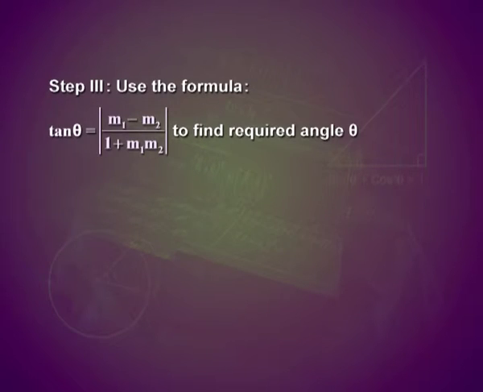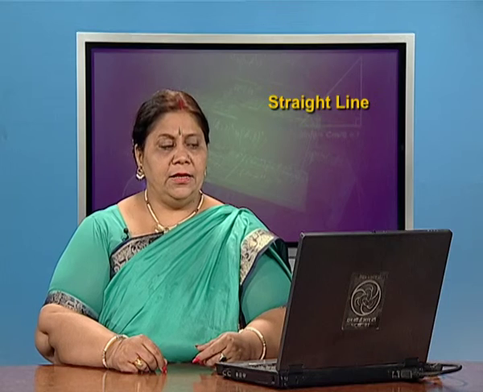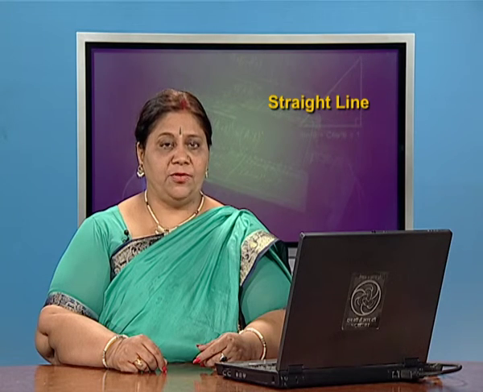In step 3, use the formula tan theta is equal to the absolute value of m1 minus m2 upon 1 plus m1 m2 to find the required angle theta. Let us solve an example using this formula.